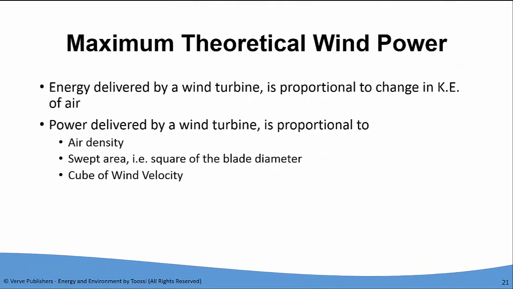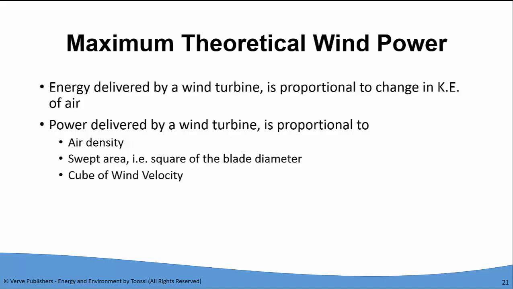There is a certain amount of power in the wind. The faster the wind is, of course, the more kinetic energy it has. The more wind going through the blades, the more mass there is, and the total kinetic energy also increases. The denser the air is, the more mass goes through.